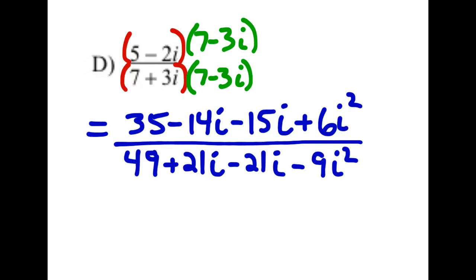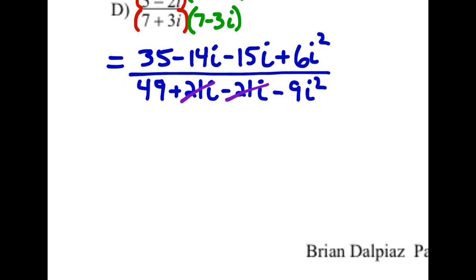So you can see these middle terms here are going to drop out, the plus 21i minus 21i. And so now what I have on top is 35 minus 29i, and then 6 times i squared is 6 times negative 1. That's negative 6.